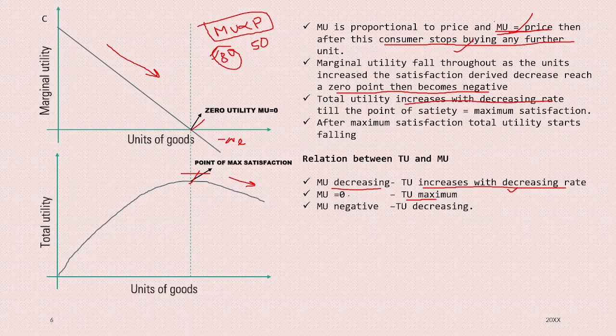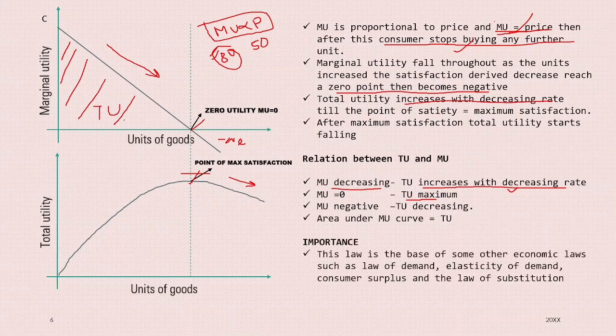So keep these 3 points in mind. Many times they ask questions from this point only. Now another thing is that the area under the marginal utility curve is equal to total utility. That means that when you find the area under the marginal utility curve, the area will be equal to total utility. So these 4 points are important.